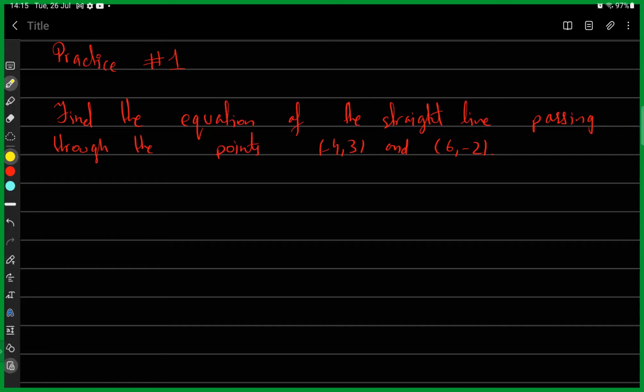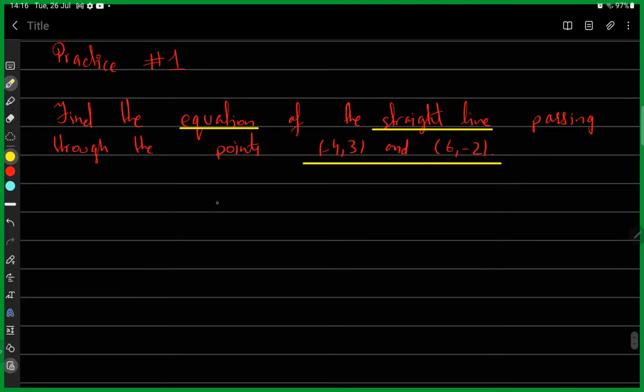Find the equation of the straight line. Again, the question is about finding the equation of a straight line, and you have 2 points, and using these 2 points we need to find something. It's completely your choice. If you're comfortable, you can do it this way, y equals mx plus c, or you can do it the other way as well.